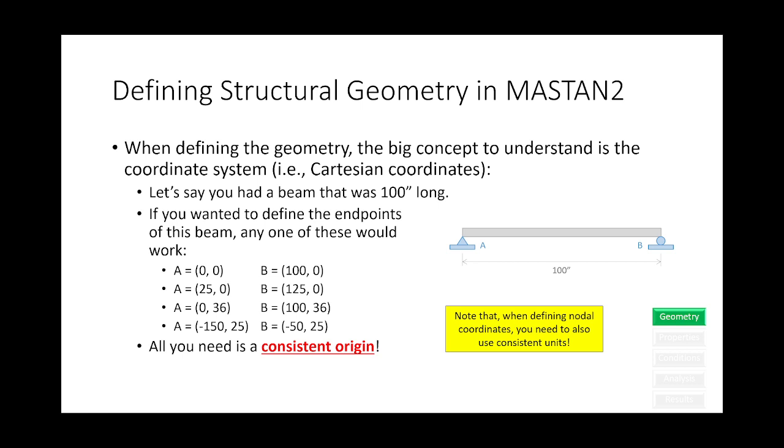You could say that this is 25, 0, and 125, 0. You could say that this is 0, 36, and 100, 36. You could say this is negative 150, 25, and negative 50, 25. The only thing that matters is that you have defined a beam that's 100 inches long. All you need is a consistent origin.